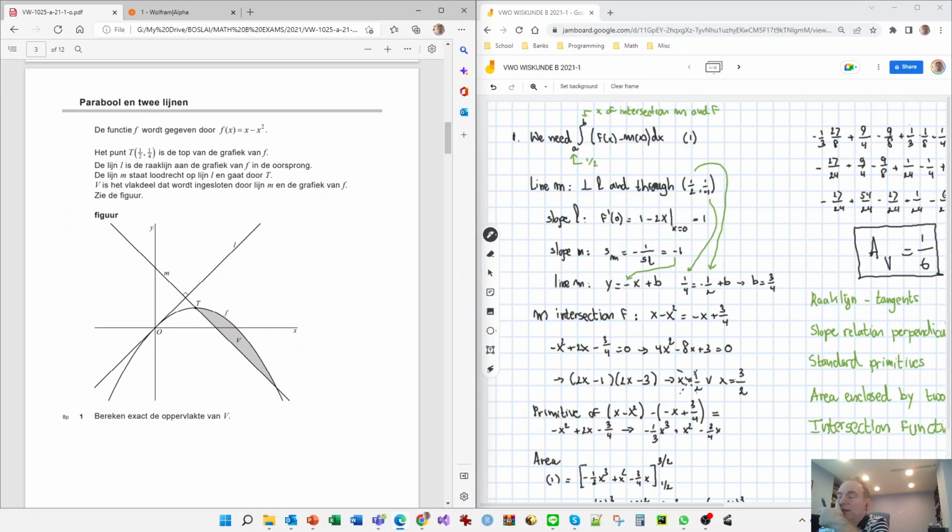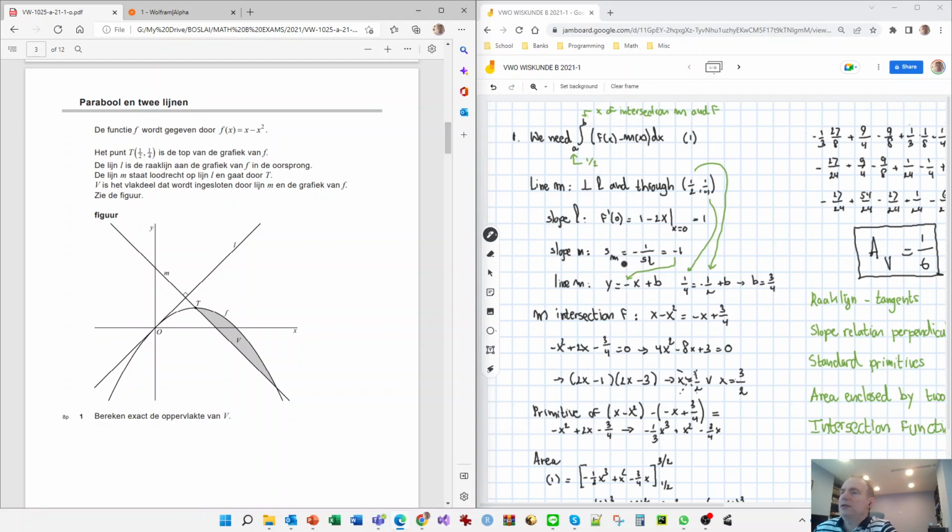And line L, we can calculate the slope because we know it's a tangent of the function f in the origin. So the slope of it will be the derivative of f in 0. This should be standard knowledge: find the derivative of this function and substitute x is 0. Then you get 1. So the slope of L is 1. This means that the slope of M is -1.